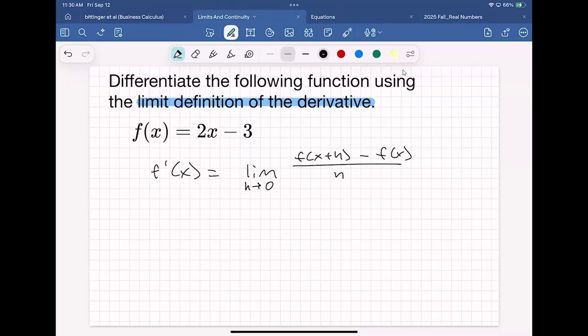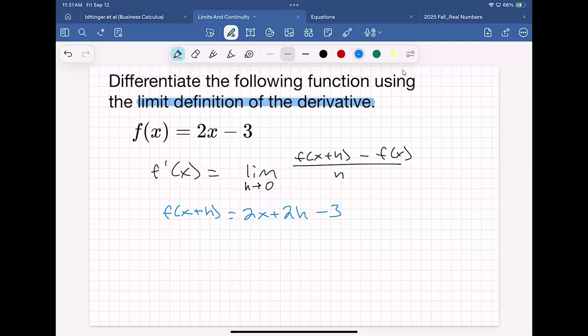So again, we have f of x this time, so we don't need to go look for it. Just make sure you see again, we're going to have to plug x plus h into our function and simplify that. The good news is, just distribute the 2 and you have what we need. This is more about making sure we're comfortable with the new notation and what I mean by the directions here.